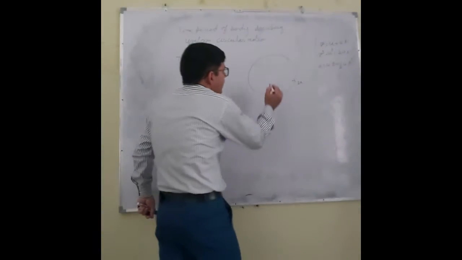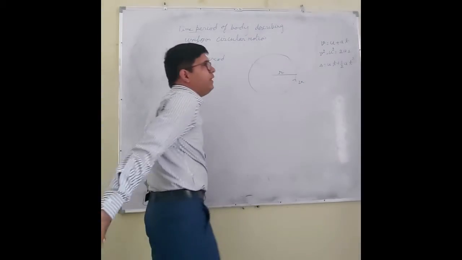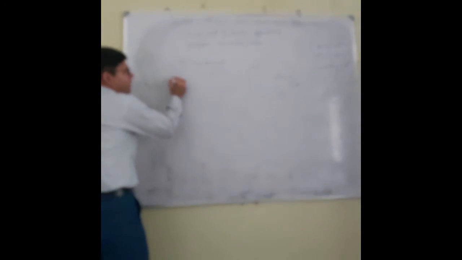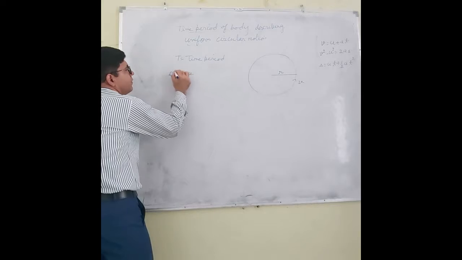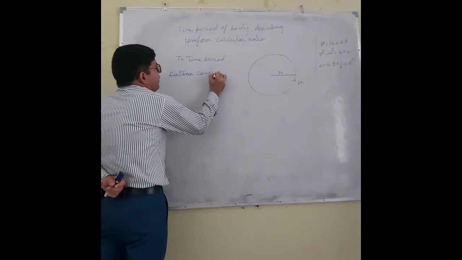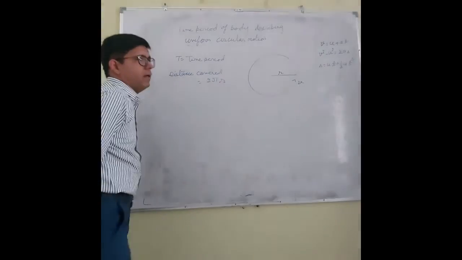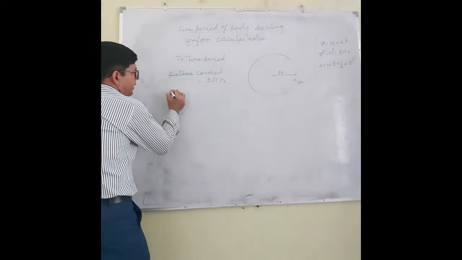Now, if r is the radius of this circle, what is the distance covered? The distance covered is equal to 2 pi r.